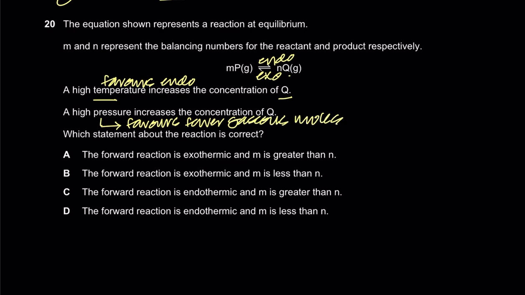Okay, in theory so many students made this blunder, even one or two of my students made it, although it's very clear. If you have on one side zero moles of gas and on the other side you have 4 moles of gas, students said increasing pressure favors fewer moles of gas, so there are no moles of gas on the right, so put it on the left. No, there are 0 moles of gas on the right and 4 on the left. So it is going to favor the 0 moles side, fewer moles. So it says if you increase pressure, it favors fewer gaseous moles. If it favors that, the concentration of Q is increasing, which means that N should be more or less than M? Well, N should be the fewer number, right?